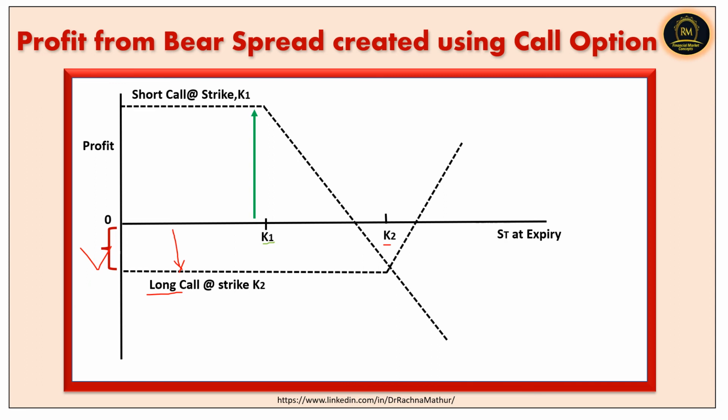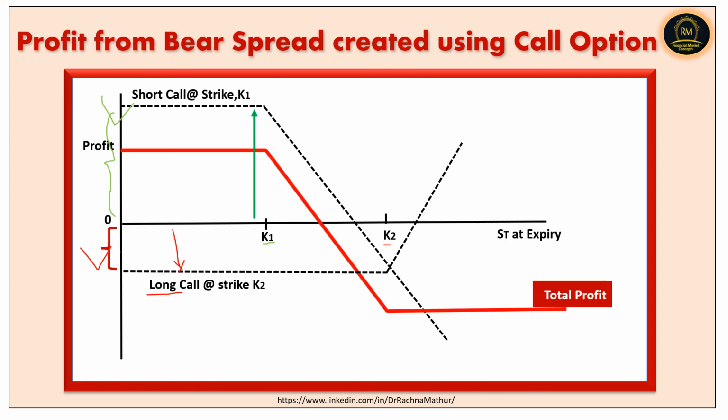That limited profit is equal to the option price the short holder has received for selling a call. So the red line shows the total payoff from the call options for creating a bear spread.